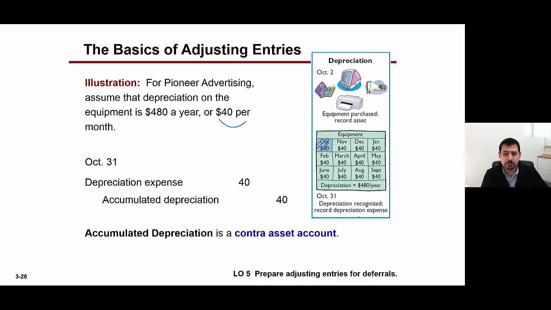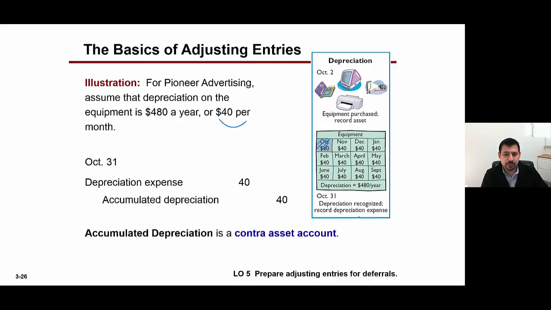This enables companies to keep track of the total amount of depreciation taken over the life of the asset. So it shows the original cost, which is the balance in the equipment account, and then it also shows how much expired to date. This is the accumulated depreciation.